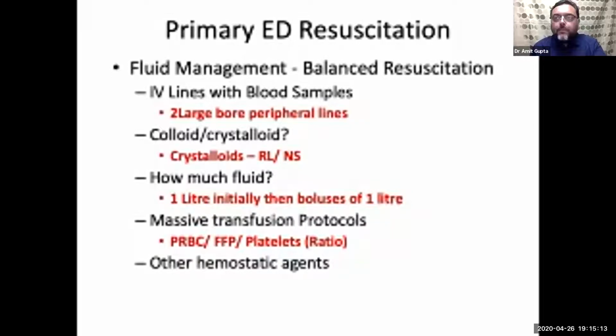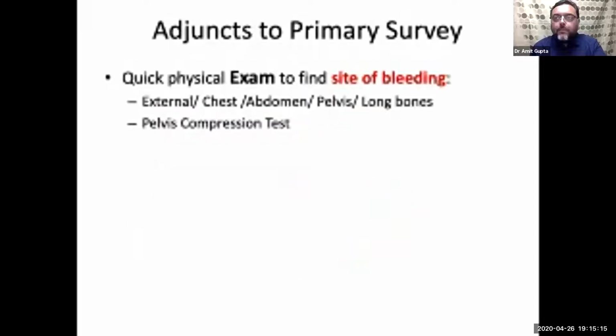Adjuncts to primary survey. Well, as I said, you have to examine the patient fully. That means you have to examine the site of bleeding, because a hypotensive patient has already lost about 1.5 to 2 liters of blood. You have to find out the possible sites of bleeding, which are either external, the chest cavity, the abdomen, the pelvis, and retroperitoneum, which is our concern right now in this particular case, and then long bones.